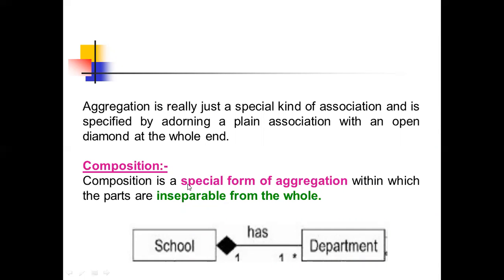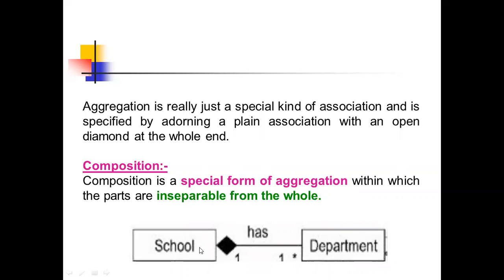Composition is a special form of aggregation within which the parts are inseparable from the whole. Here you can see in aggregation the hollow diamond is empty, but in composition it is a filled diamond.